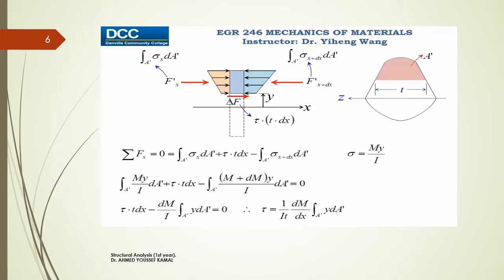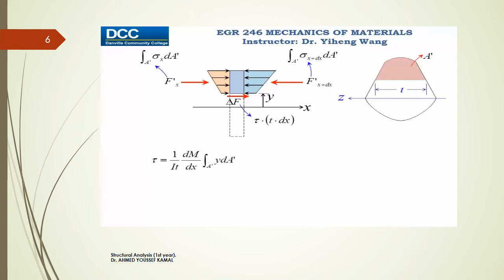Now, here, t is the width of this top segment, and I is the moment of inertia of this entire cross-section about the z-axis. If you recall, this I term comes from the flexure formula, and in the flexure formula, I is the moment of inertia of this entire cross-section.